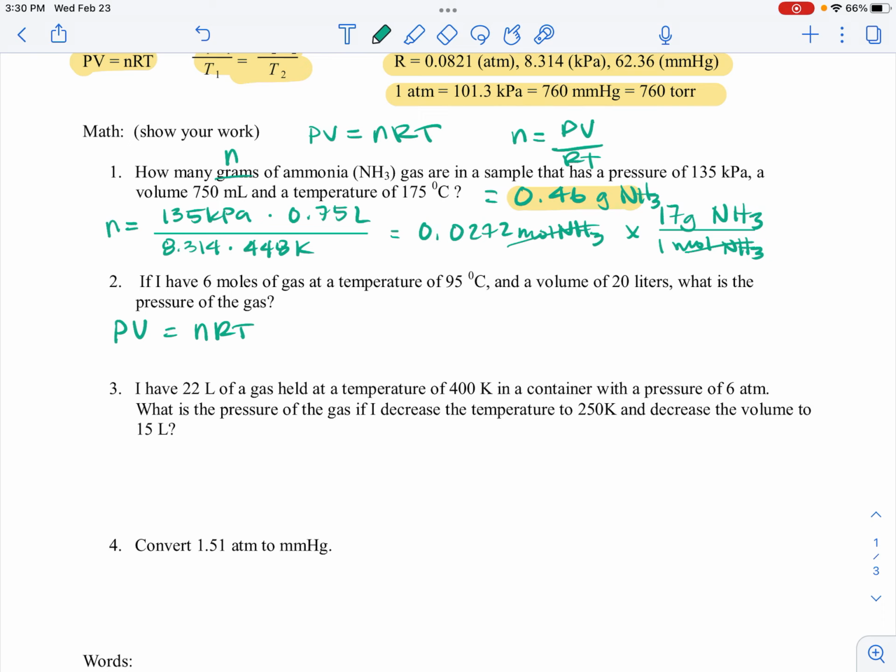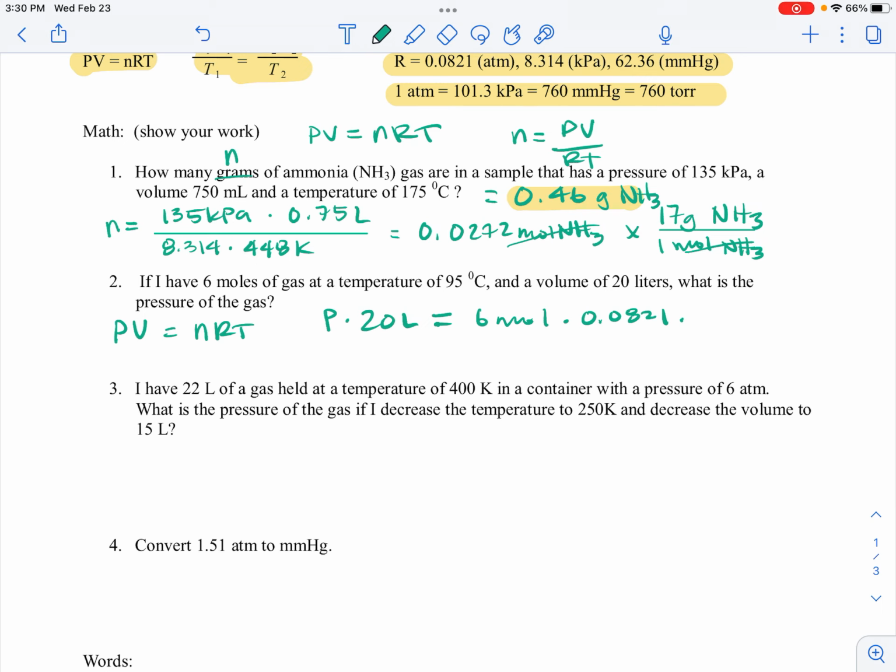So in this problem, I've got 6 moles of gas, temperature of 95. What is the pressure? Oh, okay, so the volume is 20 liters. I'm solving for pressure. Volume is 20 liters. This is going to be an equal sign. And what do we get next? 6 moles of the gas. The R, we get to pick. I'm going to pick for atmosphere, so I'm going to pick 0.0821.